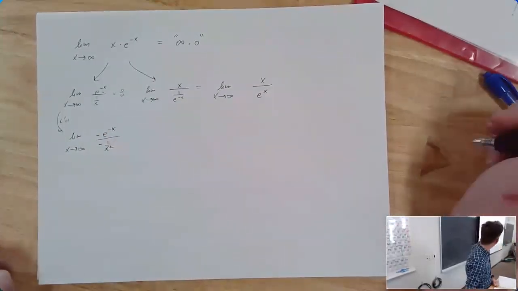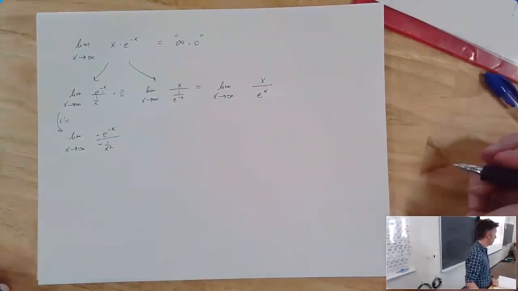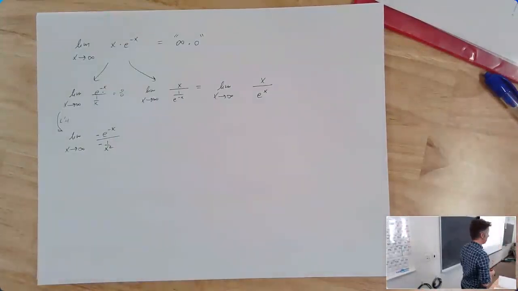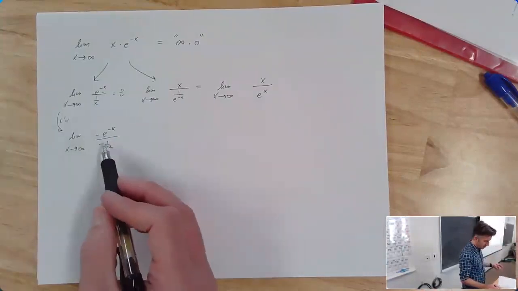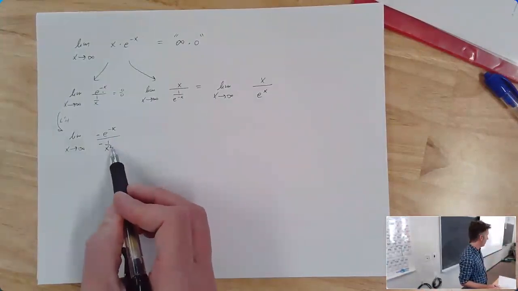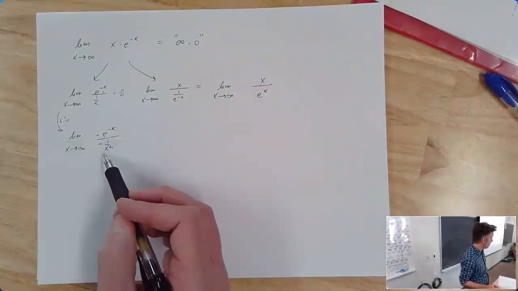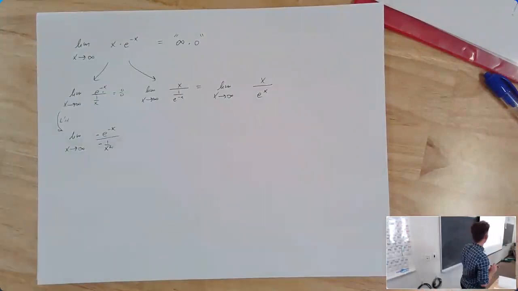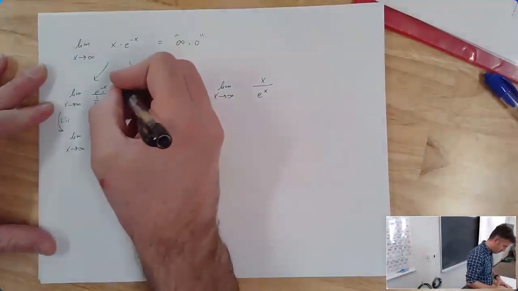That hasn't gotten better. The top's still going to 0, the bottom's still going to 0. And in fact, the more I keep doing it, I'm just going to keep getting 0 over 0, because the derivative of this is just going to get higher and higher powers of x. I'm going to get like 2 over x cubed, and then 6 over x to the 4th, and so on. This is not going to get better. So typically, the wrong choice is going to be so wrong that you're never going to be able to recover.